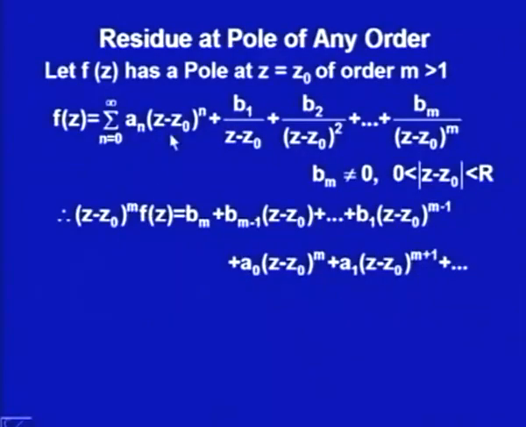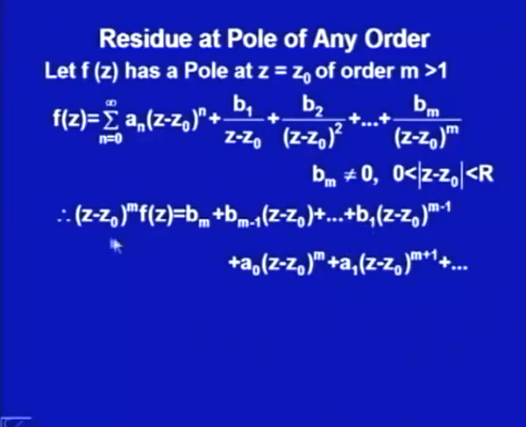Now, since z naught is a pole of order m, b_m should not be 0, and this expansion is valid for all z with |z - z naught| less than r. That says when z approaches z naught, all these terms will approach 0. The only term left is b_m, and that is not 0.